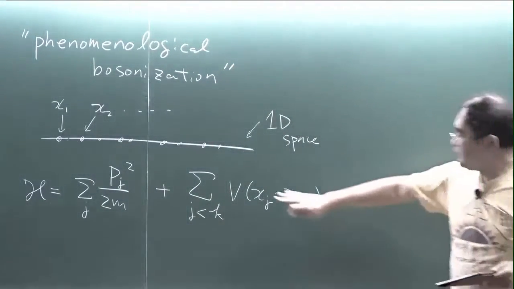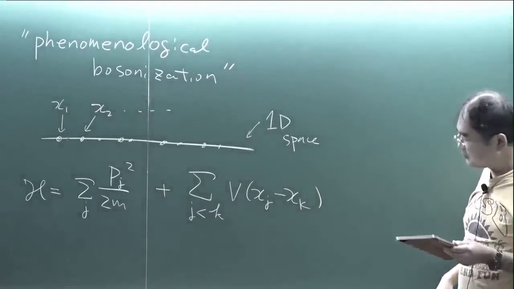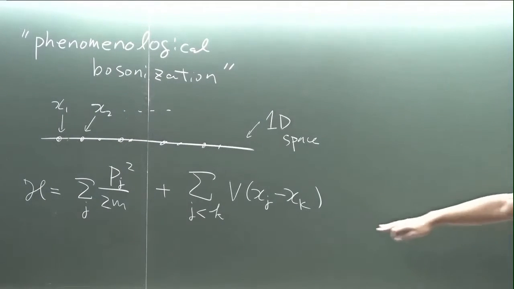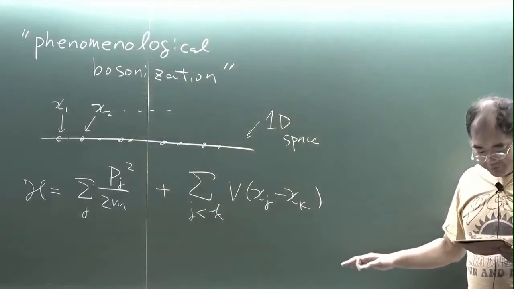And of course, if there is no interaction, this is completely exactly solvable. But because of the interaction, this is a very non-trivial problem. So this is the Hamiltonian in first quantized form.